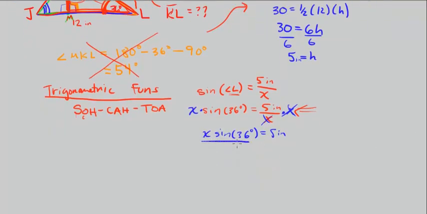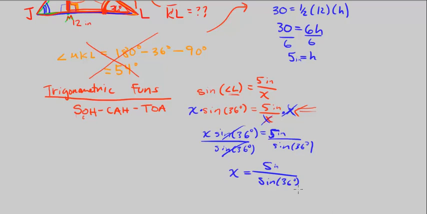Then you divide both sides by sine of 36 degrees to cancel it out. So x is equal to 5 inches divided by sine of 36 degrees.